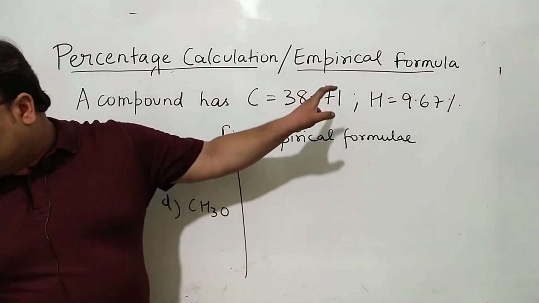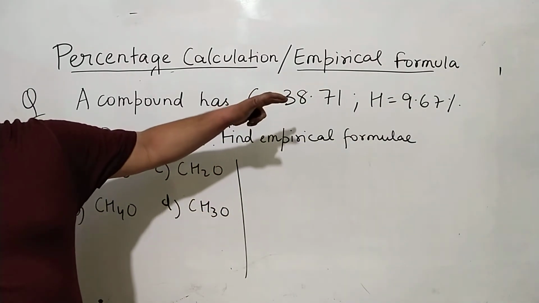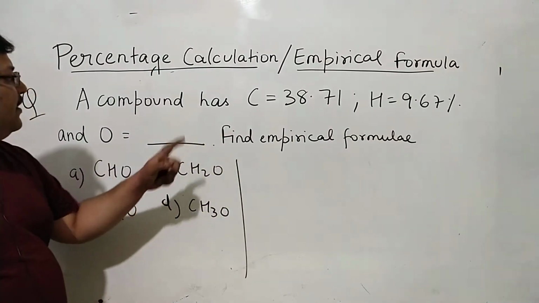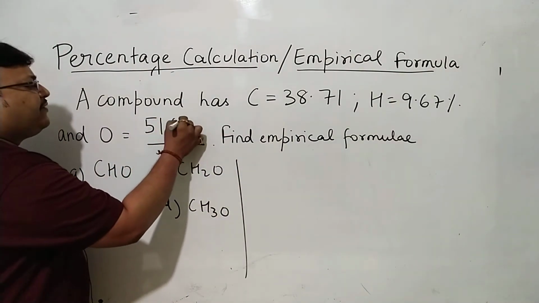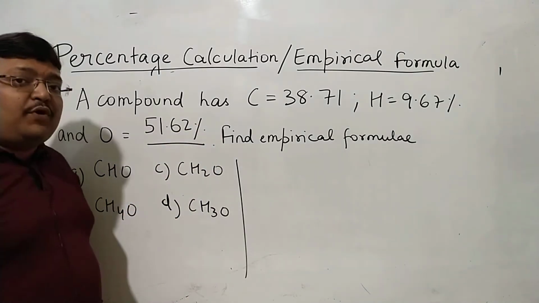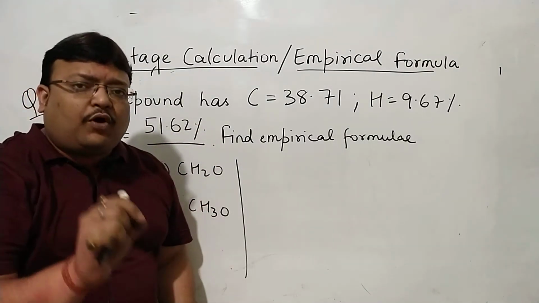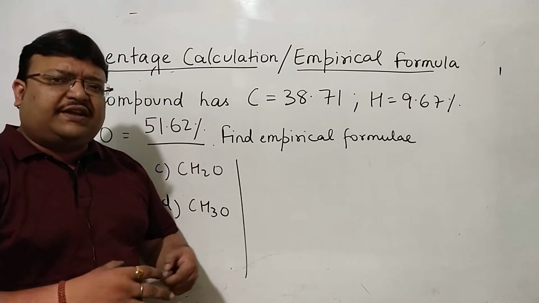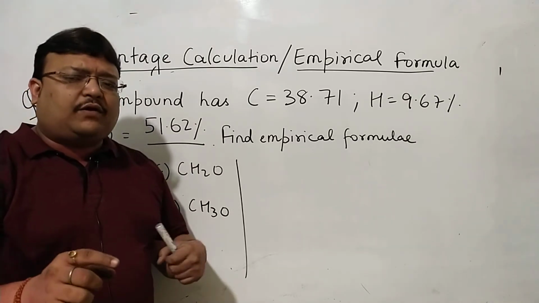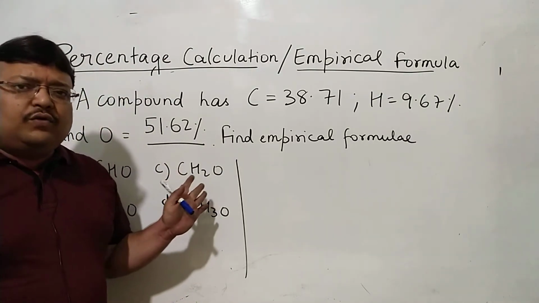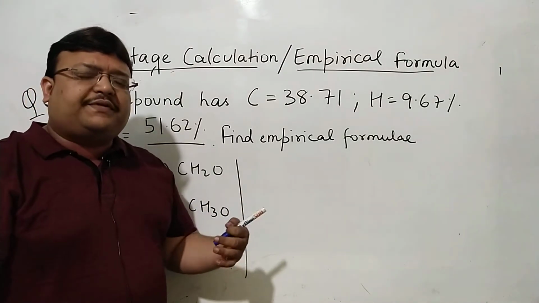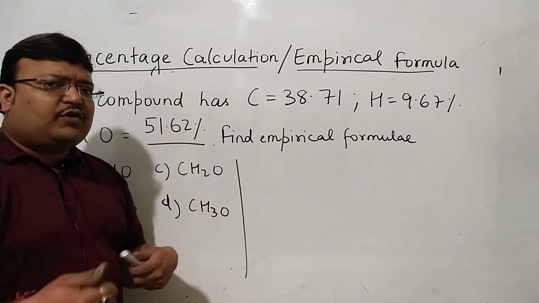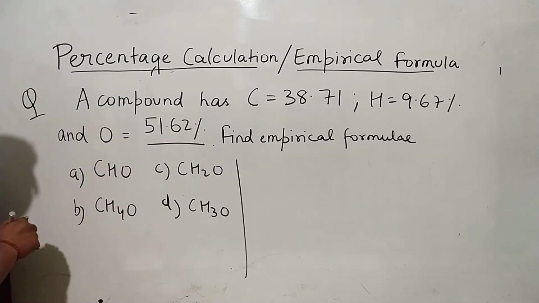By adding these two, I'll get something like 48.38, and on subtracting from 100, I'll get 51.62%. You can pause the video now. Do the necessary calculation. Get the ratio of atoms in the empirical formula. Then resume the video and see which is the right answer.